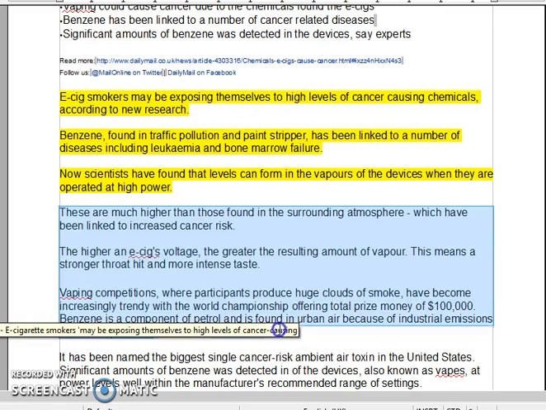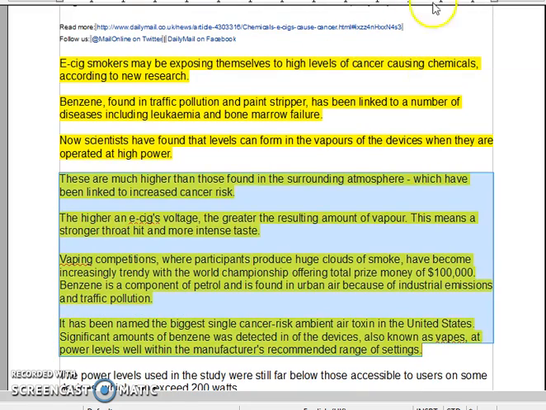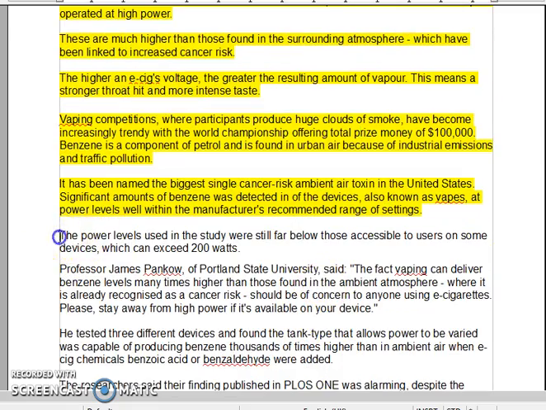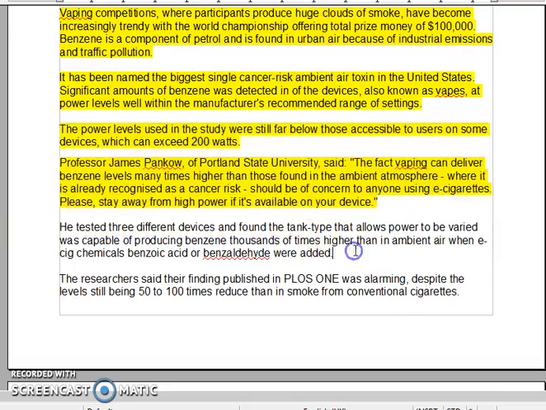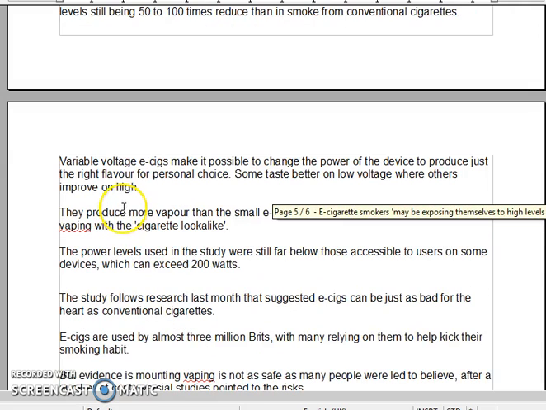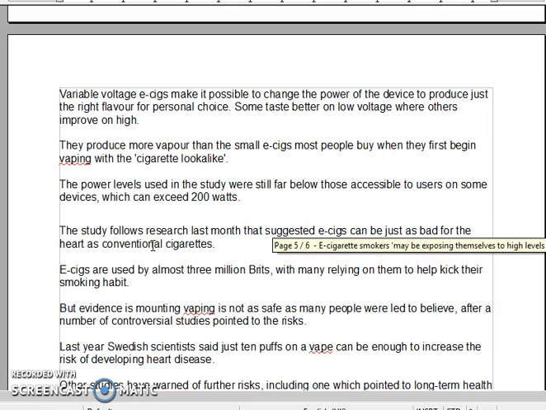And if we go through, as we can see, quite a lot of this seems to be indicating that e-cigarettes can be harmful. In fact, I would probably go as far as to say that throughout most of this article, you're getting this point of view that vaping, that e-cigarettes are potentially quite harmful.